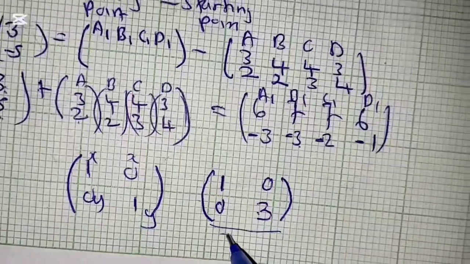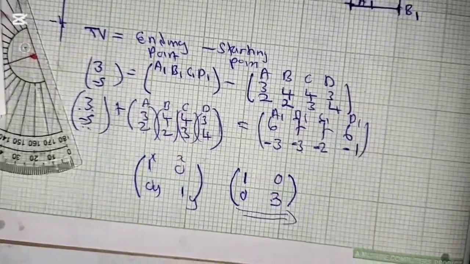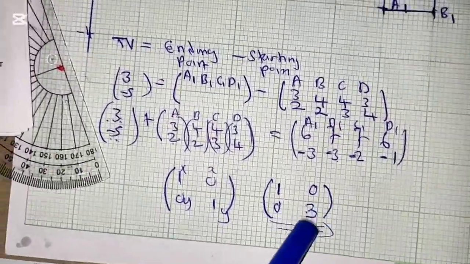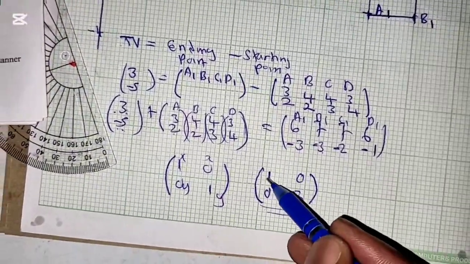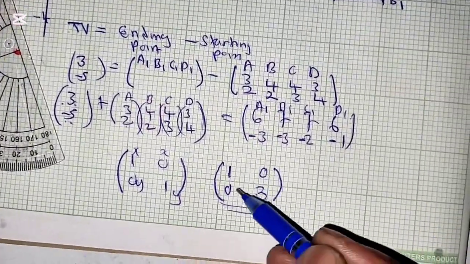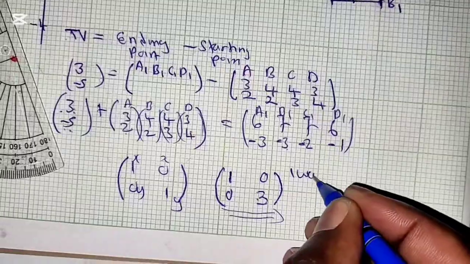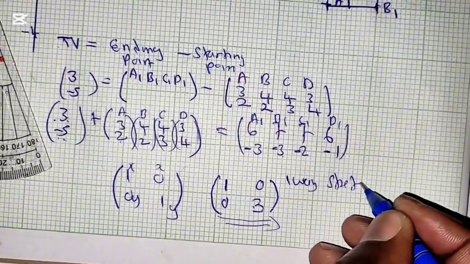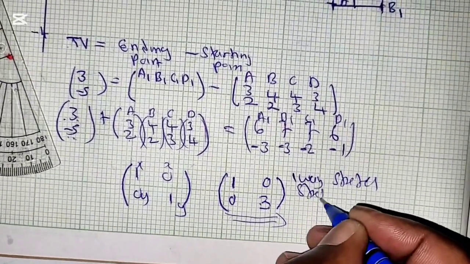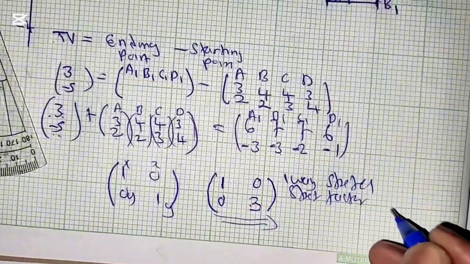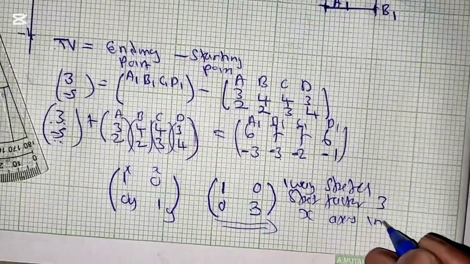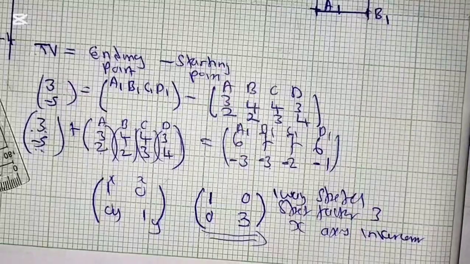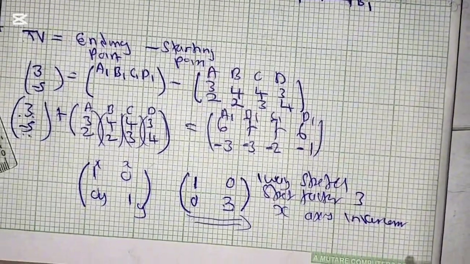So that's the matrix which was required for us to draw. So that's our matrix, 1 3 0 0, one-way stretch. So one-way stretch, then stretch factor 3, x is invariant or parallel to x-axis. That's it. So that's it for our question number 9.